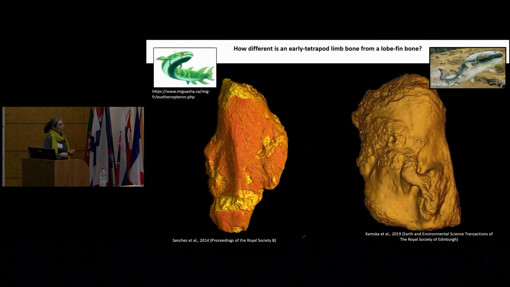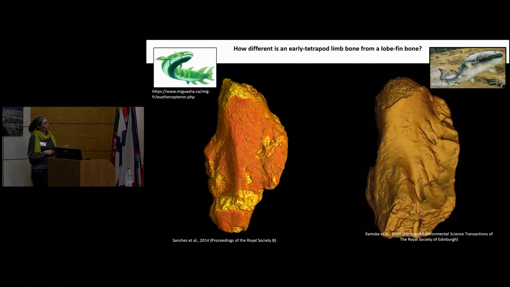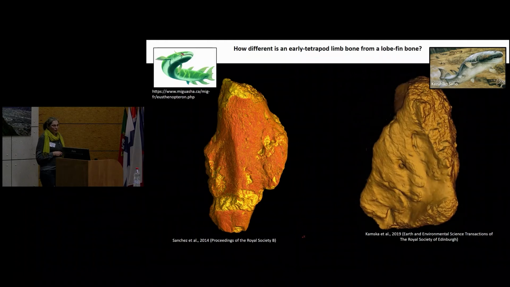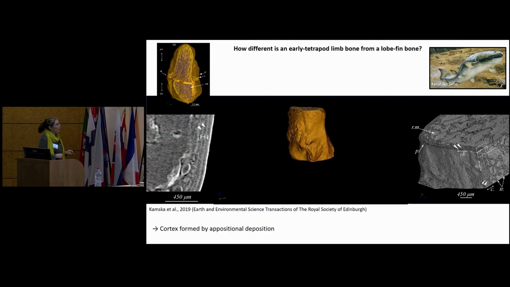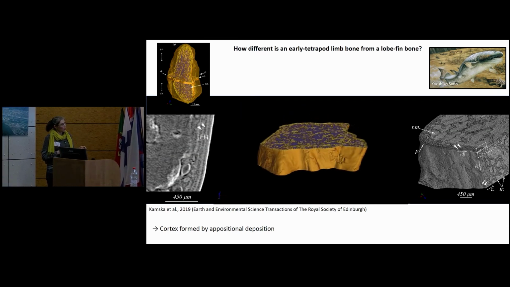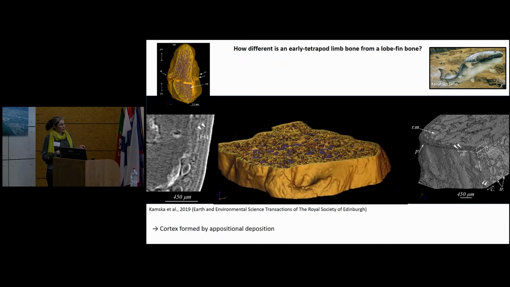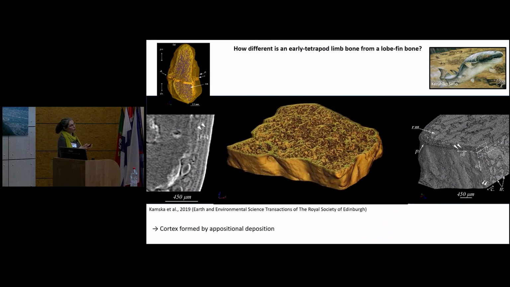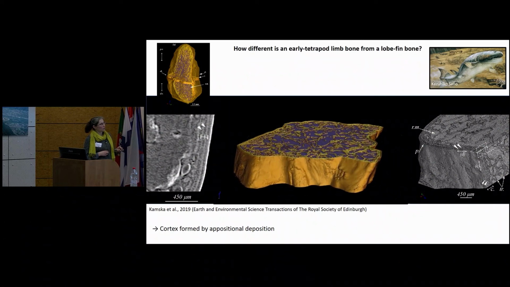So these are the 2 humeri of this lobefin fish. On the left, you have the humerus of Eusthenopteron, and here you have the humerus of Hyneria. If you cut virtually your bone, once again, what you will see is that you have a very thin cortex, and inside a very spongy bone. Okay, so in purple you had all the sediment that has been removed, and you get the sediment back.